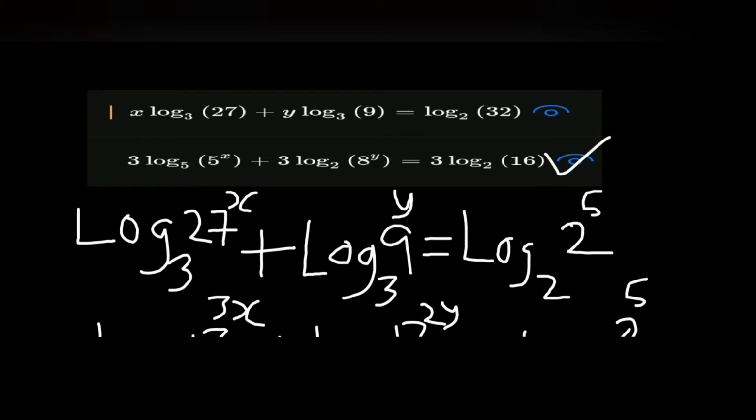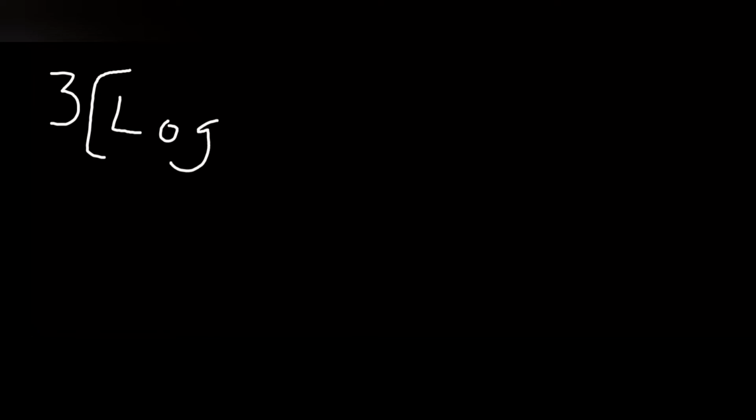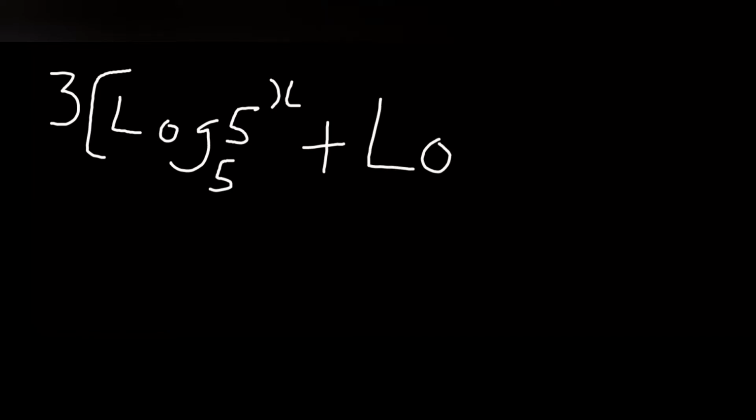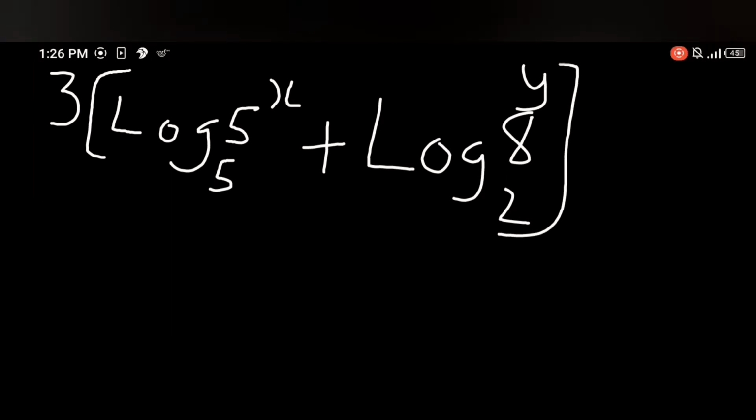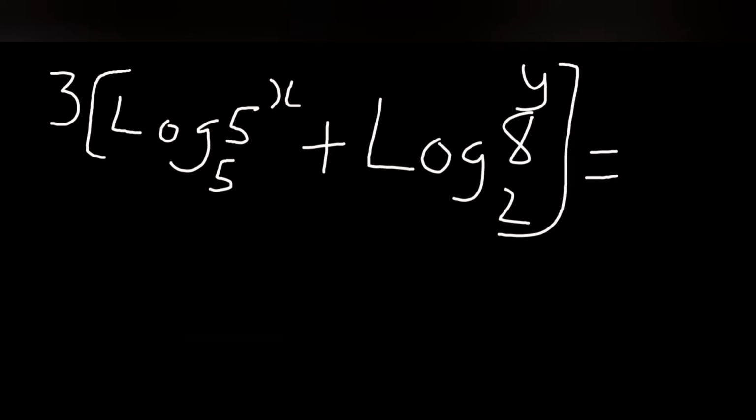So let us see how to preframe it. 3 open bracket log base 5 raised to the power of x plus log base 2 of 8 raised to the power of y, close the bracket, is equal to 3 log base 2 of 16.